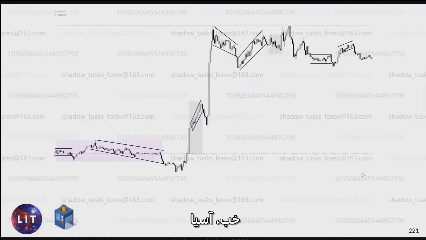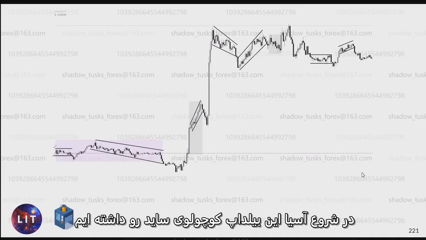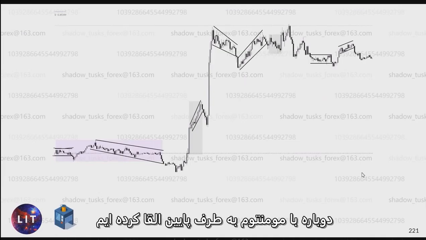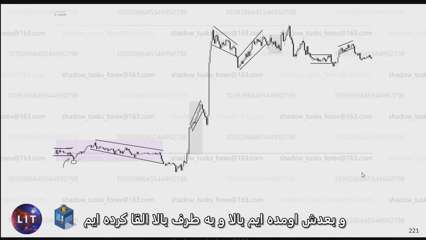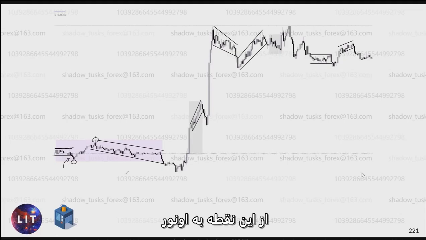So Asia, to start off, we had this little sideways build-up. We induced to the downside again with momentum, and then we came up and we induced to the high side. From this point on, we built this channel right here, and then this is the end of Asia.